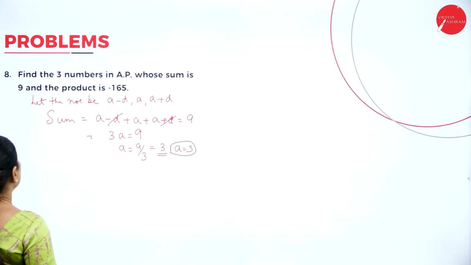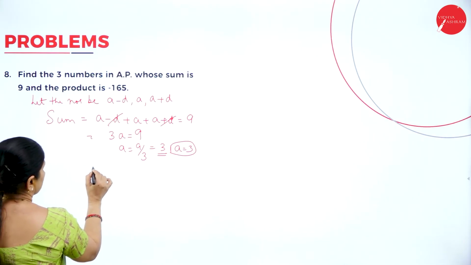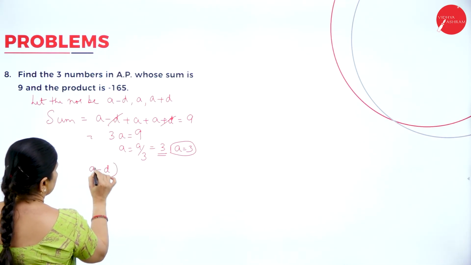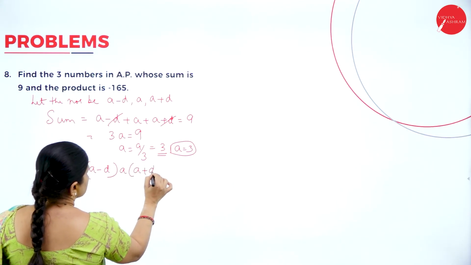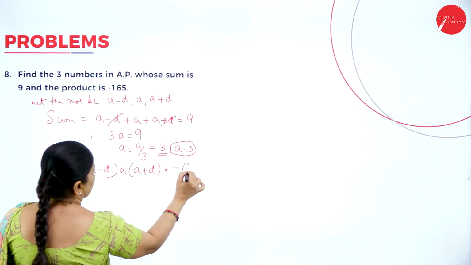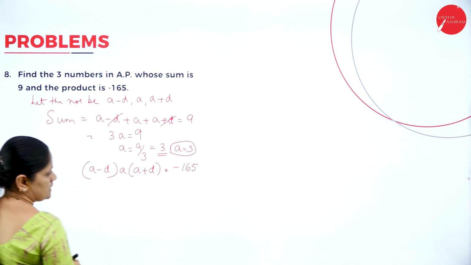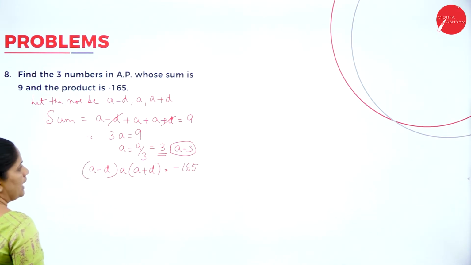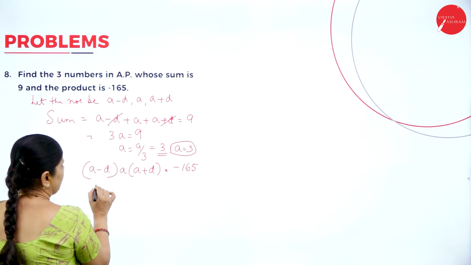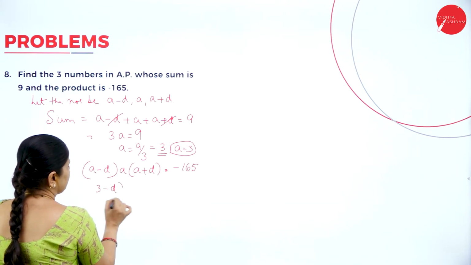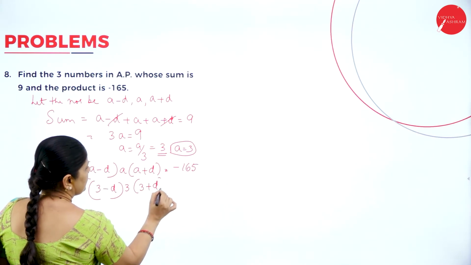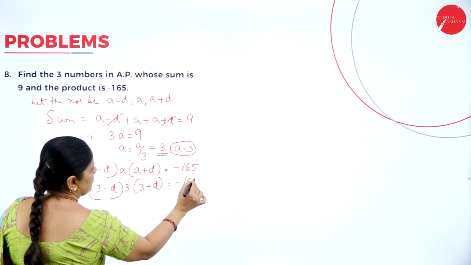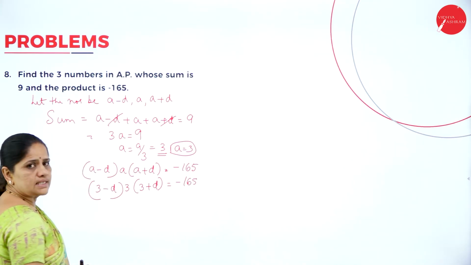Now, they have given one more piece of information: A minus D into A plus D equals minus 165. Now, I will simplify this. Instead of A, I will write 3. 3 minus D into 3 plus D equals minus 165.